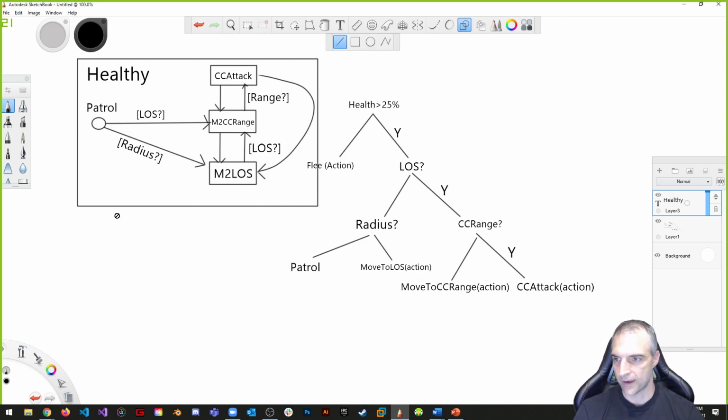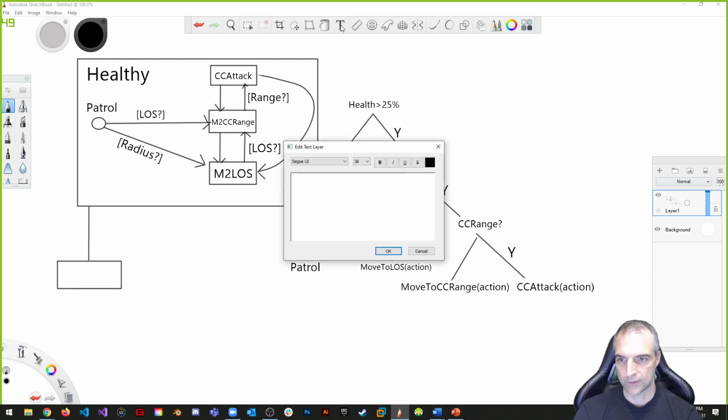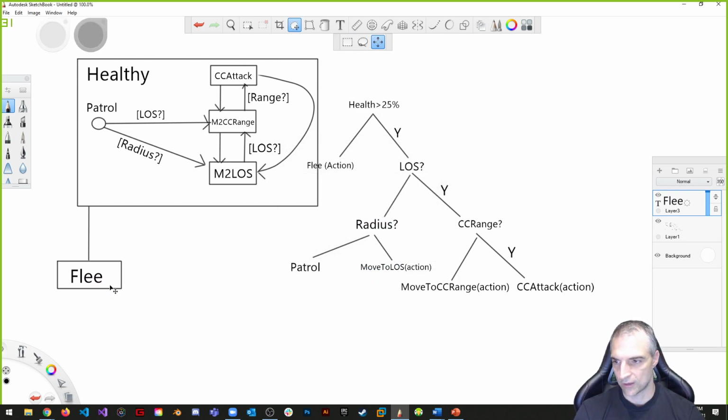So I can draw that as something else out here. I could draw this thing that puts me into another state, and I'm going to be in flee state. Let me just draw that box a little closer. There we go, so this is flee state. This is another way to draw this, using a state machine as an example.